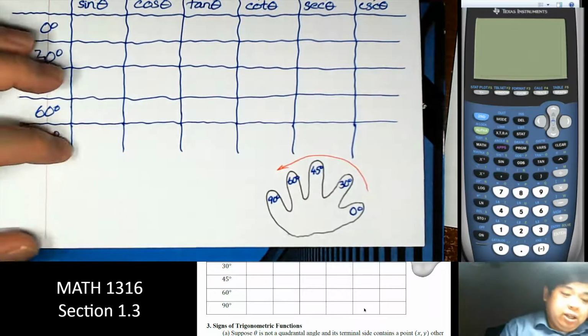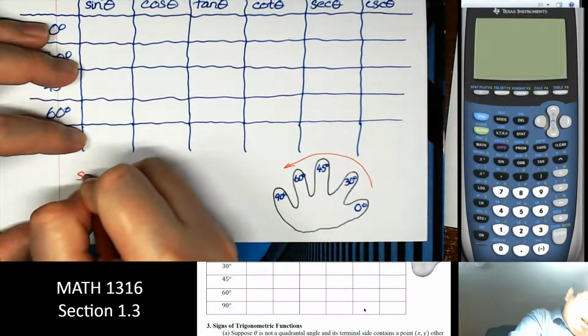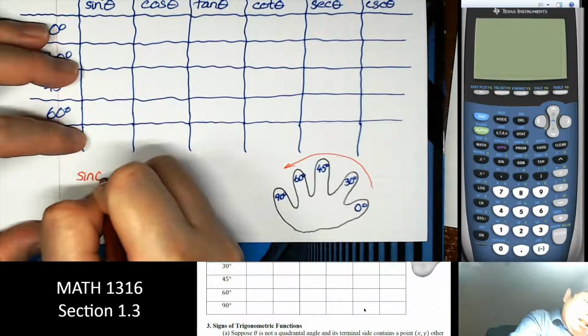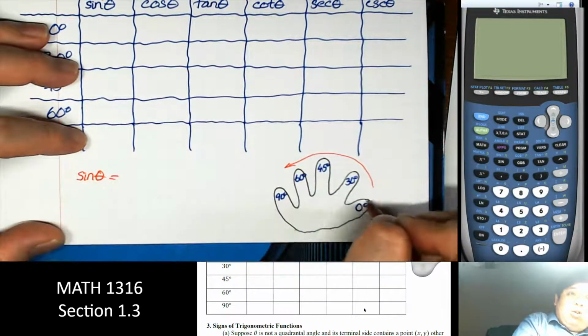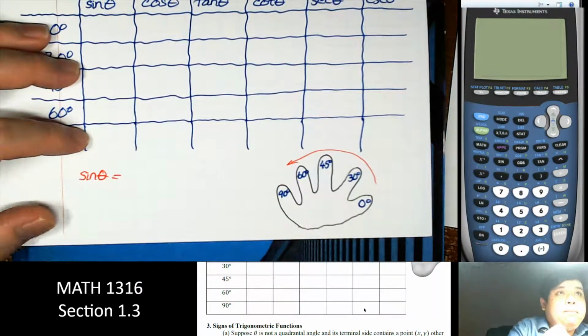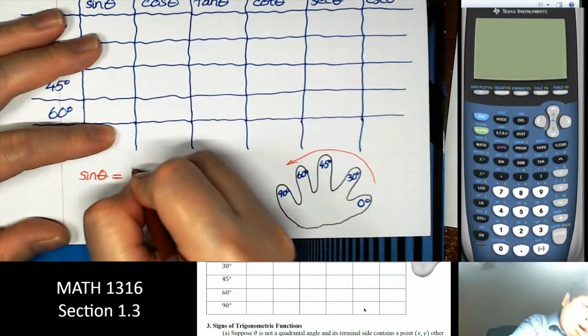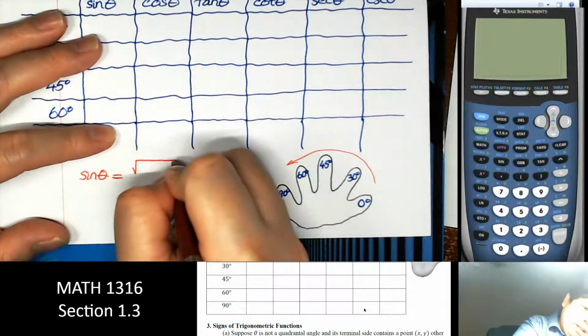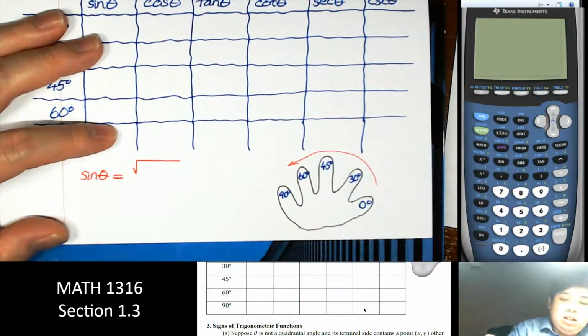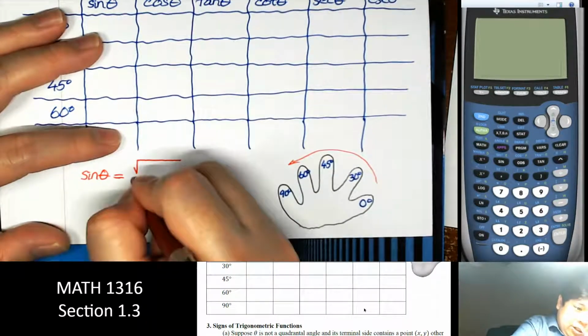And then the rule is that to find sine of theta, sine is going to be on the right. We're going to take the square root of the number of fingers on the right over 2.